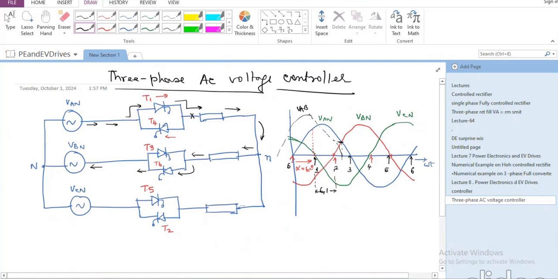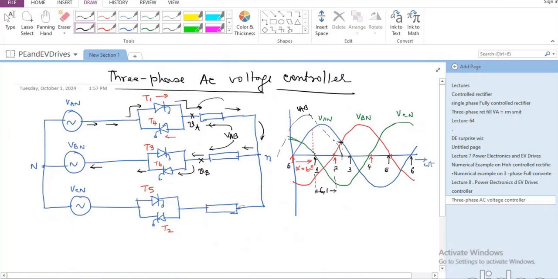So this point is same as VA and this point is same as VB if we are neglecting the drop across any SCR. So the total voltage that comes between these two, that is going to be VAB.